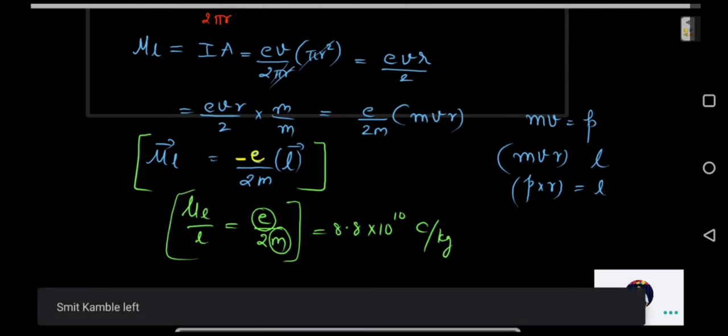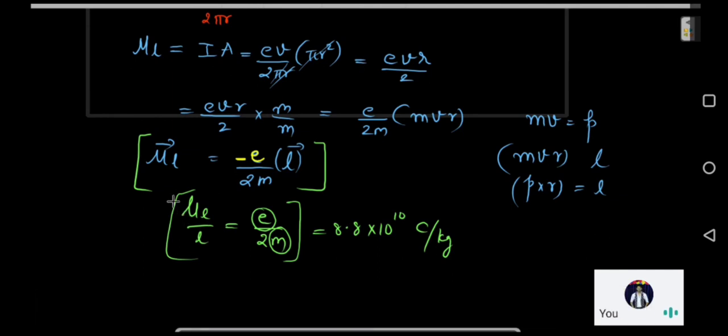This ratio, mu L upon L, is called the gyromagnetic ratio.